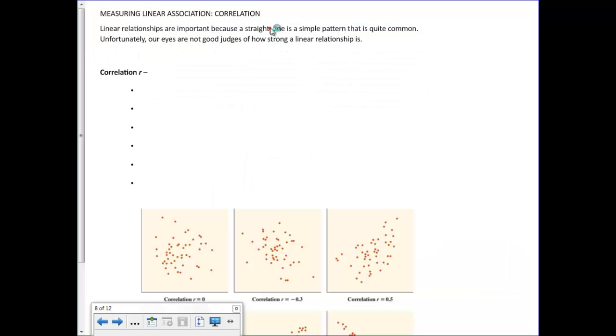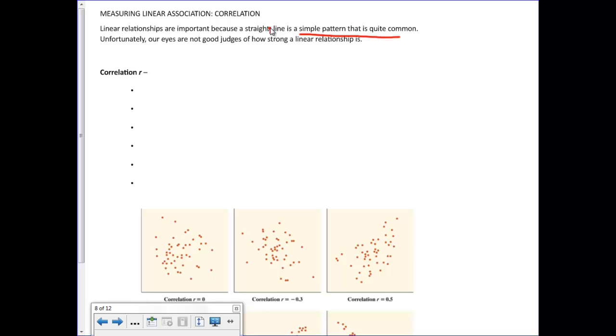Let's keep going. Linear relationships are important because a straight line is a simple pattern that is quite common, right? Linear lines, they're straight lines, quite common. We see them a lot. Unfortunately, our eyes are not good judges of how strong a linear relationship is. So here's where we calculate correlation. And we're probably not going to get into calculating it today, but we're just going to estimate today.